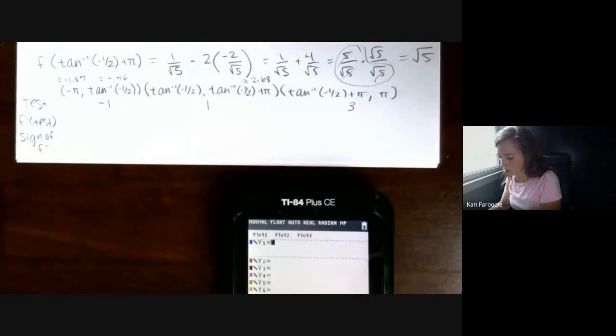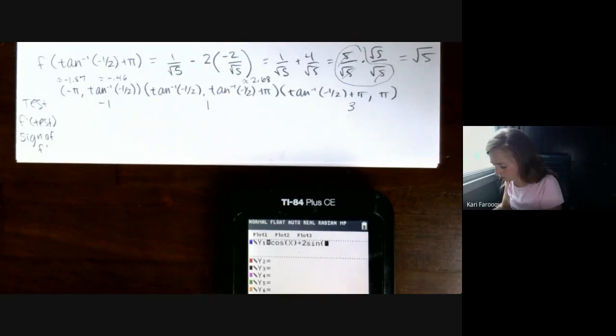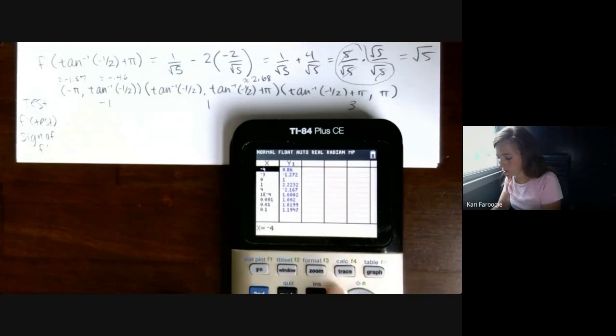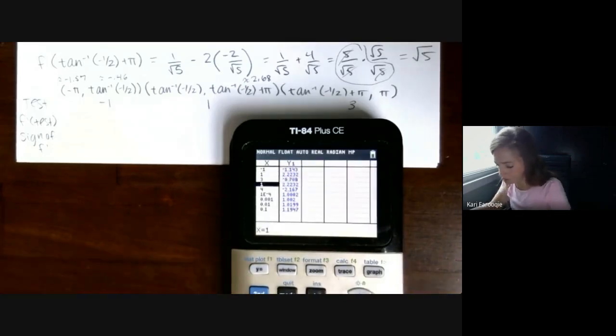So your y equals is cosine theta. Remember, we're looking at the sign of f prime, not f. We're not looking at function values here. So f prime is cosine theta plus 2 sine theta. And then you can go to your table and look at what's happening at -1, +1, and 3.